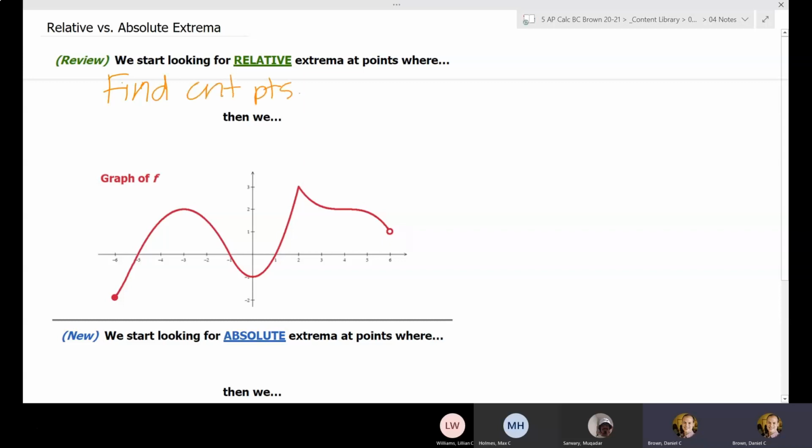And we know those critical points happen in 2 places. They're where the first derivative is equal to 0 and potentially where the first derivative is undefined. And then once we found those critical points, what did we do with those critical points? We made a sign chart.